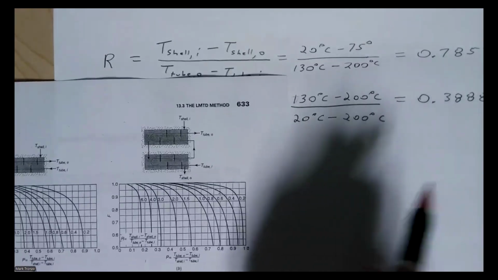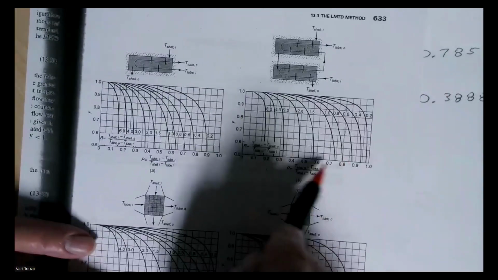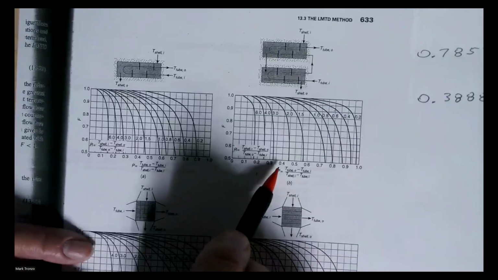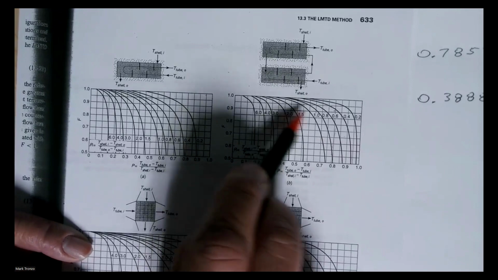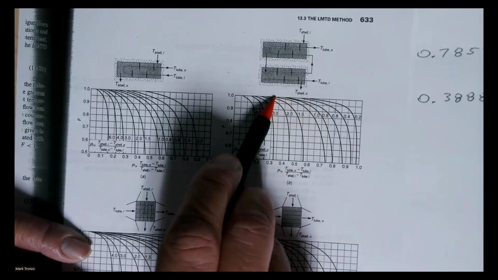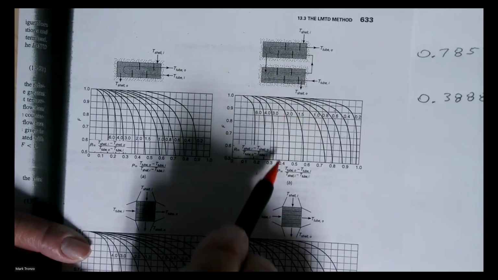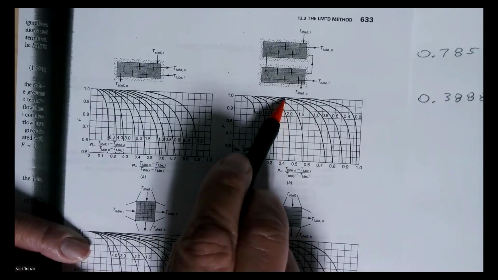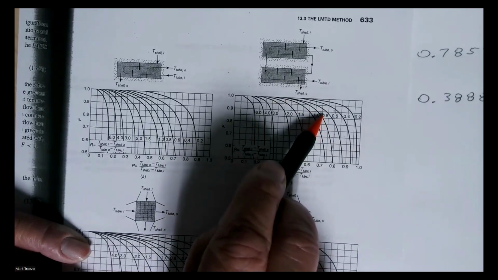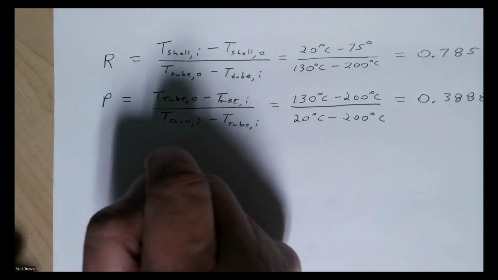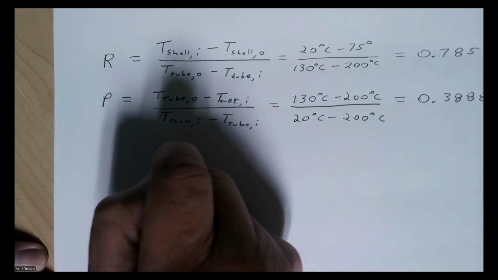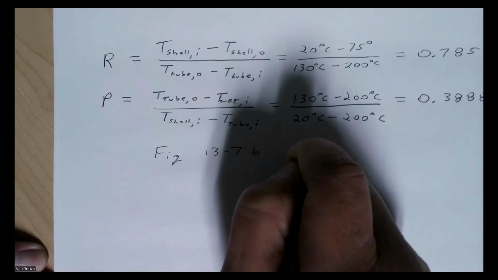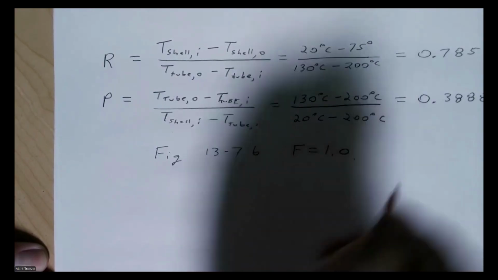And then for R, it's going to be 0.7857. Actually, these all kind of converge back here. And so it looks like, and notice the 0.78, it will be coming right into here. It looks like we can say that in our case, F is going to be just about 1 because 0.388 comes up here, and then 0.78 will be coming in here. So we can say from figure, again, in my book, this is figure 13-7B. F is going to be 1.0.